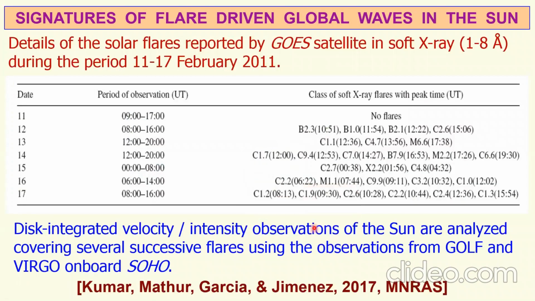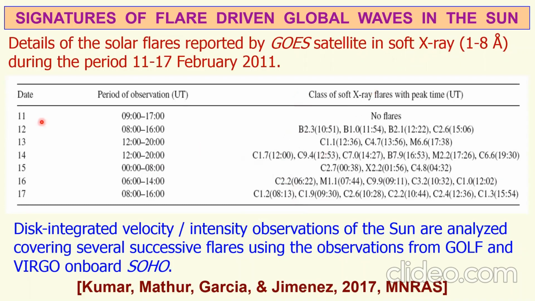So in this work, we did a detailed analysis of signatures of flares in the global waves of the sun for several flares which happened during the period 11 to 17 February 2011, as seen in the GOES soft X-ray observations.